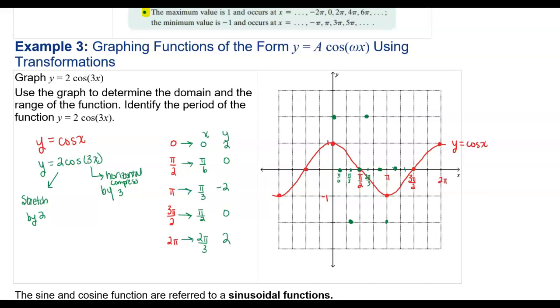That's going to be a lot of dots, so I'm just going to go ahead and fill in what we need, just a little bit. And I can continue on. So on and so forth. And this is y equals 2 cosine 3x. If you don't have graph paper, I would really suggest investing in graph paper. Our next few sections are all about graphing.